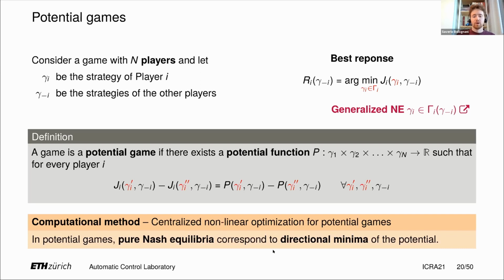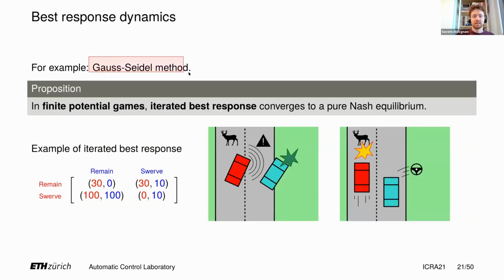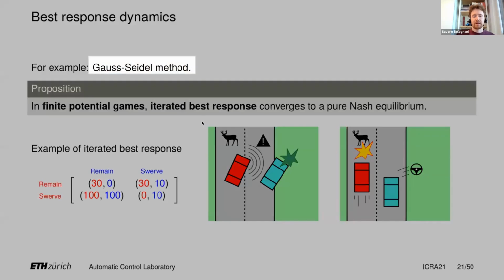For example, one method that is guaranteed to converge to directional minima is Gauss-Seidel. This is the method where you take an optimization problem in multiple variables and you minimize variable by variable. You start from the first one and you find the minimum, and then you minimize over the second one by keeping the first one still at its new value, and then the third one, and so on.